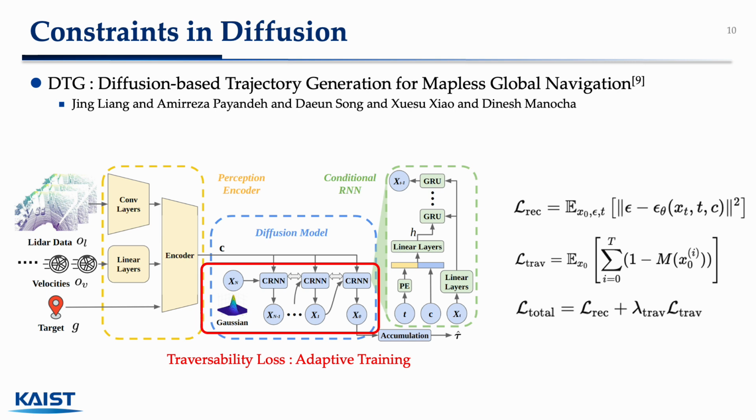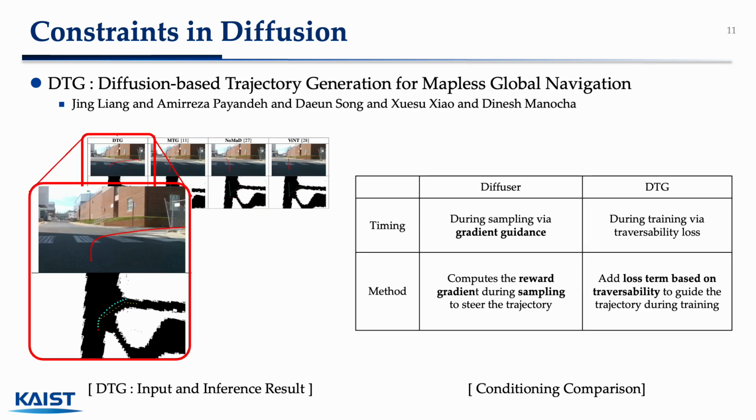As shown in the diagram, DTG starts from Gaussian noise and denoises through a conditional recurrent network, adaptively adjusting the trajectory at each step to satisfy traversability constraints. The figure shows how DTG leads to smooth and collision-free paths compared to other methods. While Diffuser applies constraints during sampling through reward gradient guidance, DTG applies constraints during training by introducing a traversability loss.